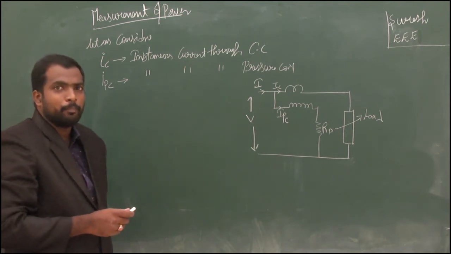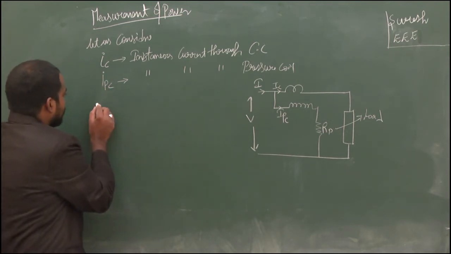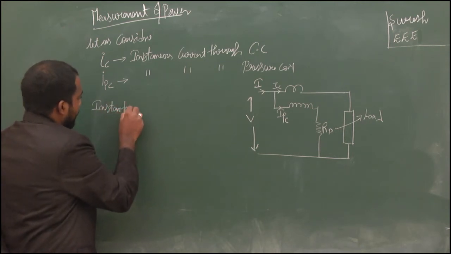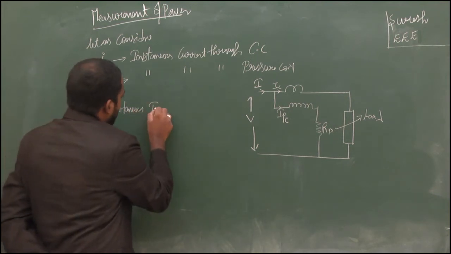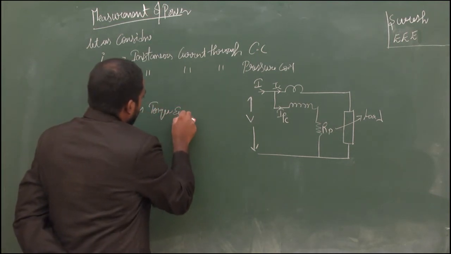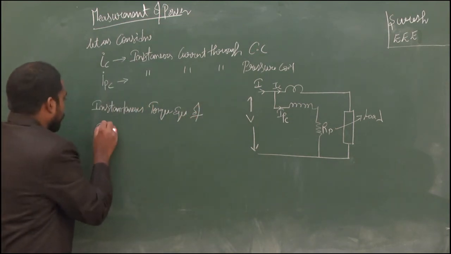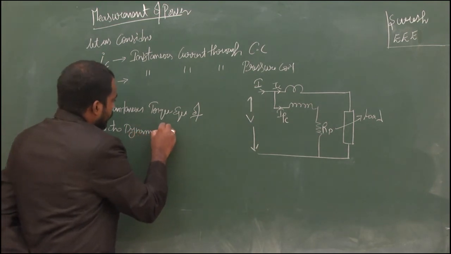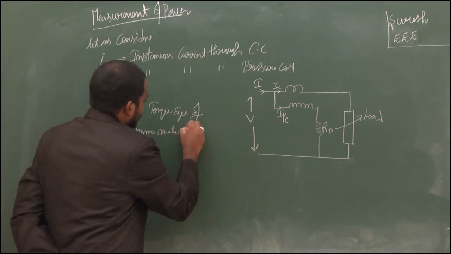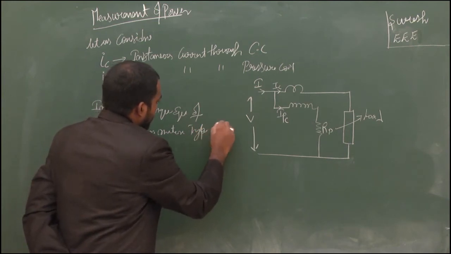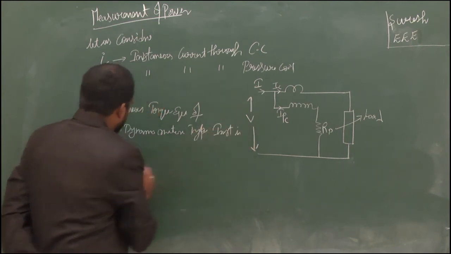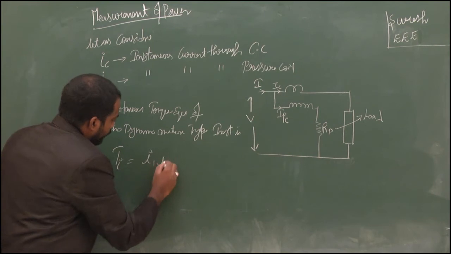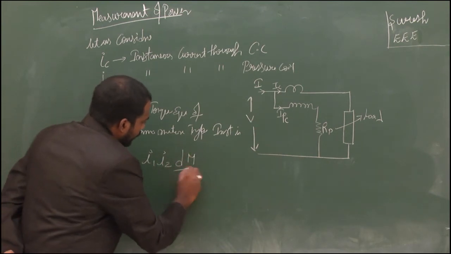As we have discussed in the previous session, the instantaneous torque equation of an electrodynamometer type instrument is Ti equal to I1 I2 dM by dθ.